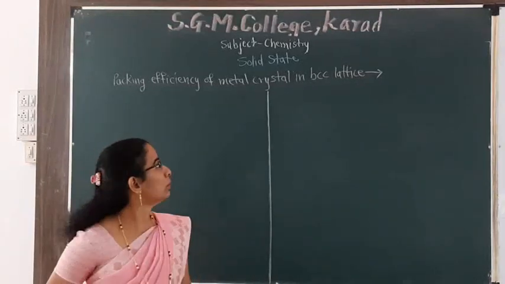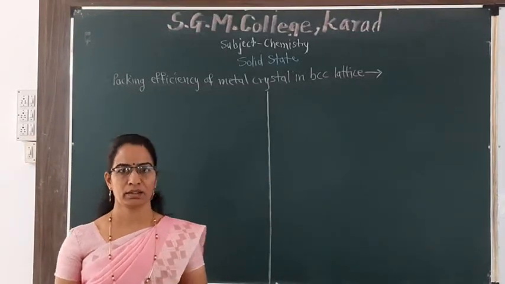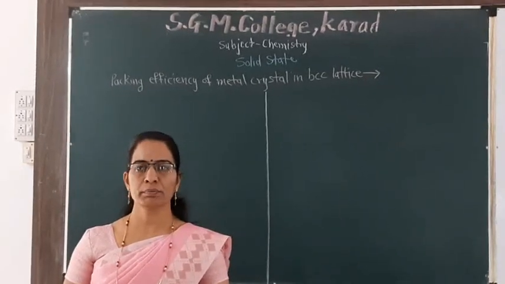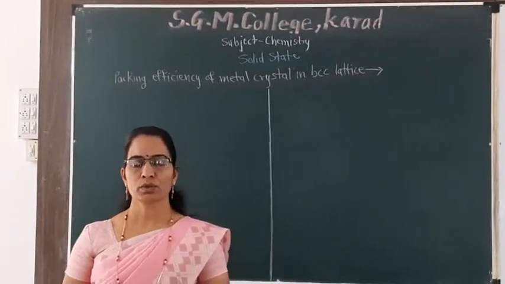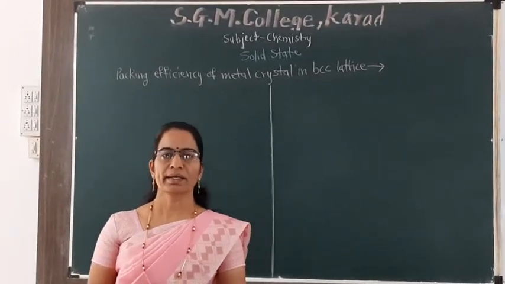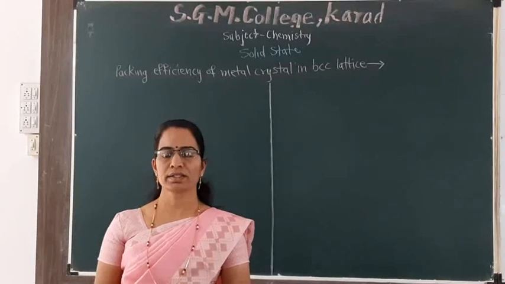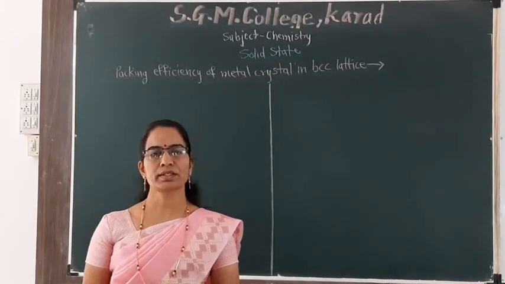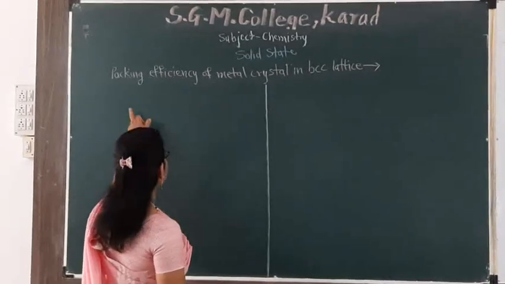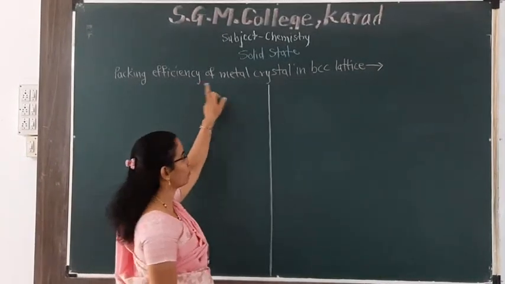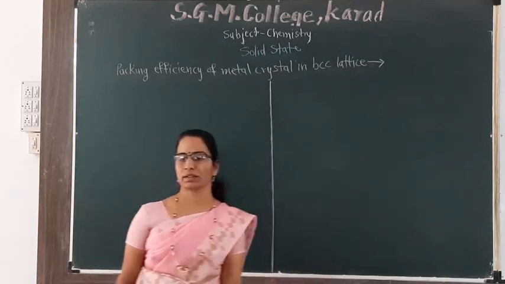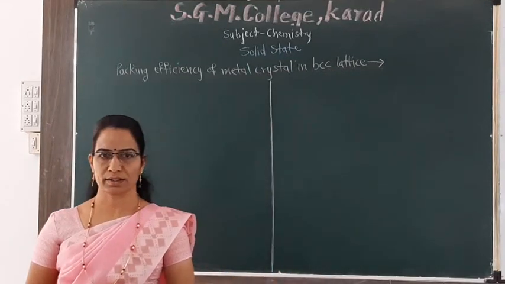We saw that the packing efficiency of the metal crystals in simple cubic lattice is only 52.36% and in face centered cubic lattice is 74%. Now today we will determine the packing efficiency of metal crystals in body centered cubic lattice, that is BCC lattice.